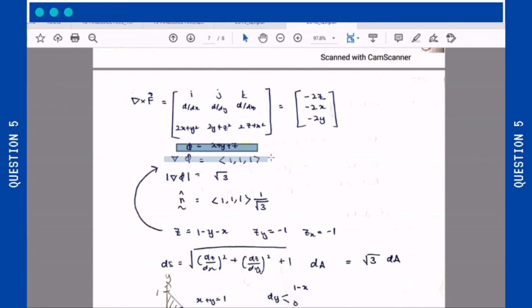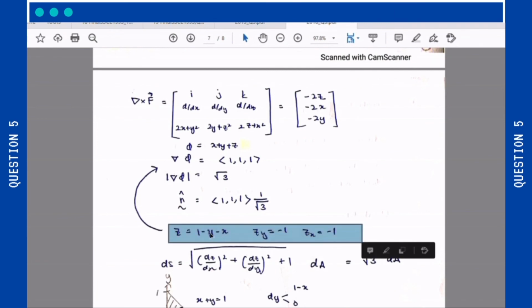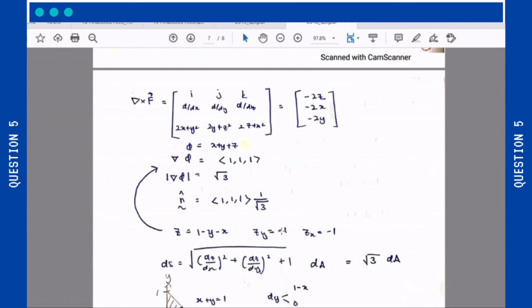So the gradient of phi is equal to 1, 1 and 1. From where do we get this? From here. This is the same as the previous question. Z is equal to 1 minus y minus x, as given. Z differentiated with respect to y, we will get negative 1. Z differentiated with respect to x, we will get negative 1. And next we will insert into this.